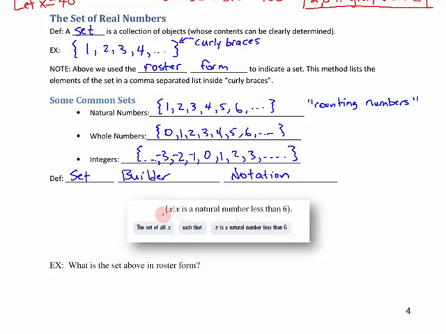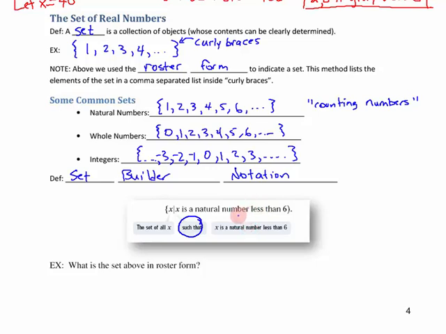We would write a curly brace, a variable, a vertical line, and then the description of that variable. In this case, I have written the set of all x, and the vertical bar is read as "such that." So the set of all x such that x is a natural number less than 6. We have described our set using set builder notation.